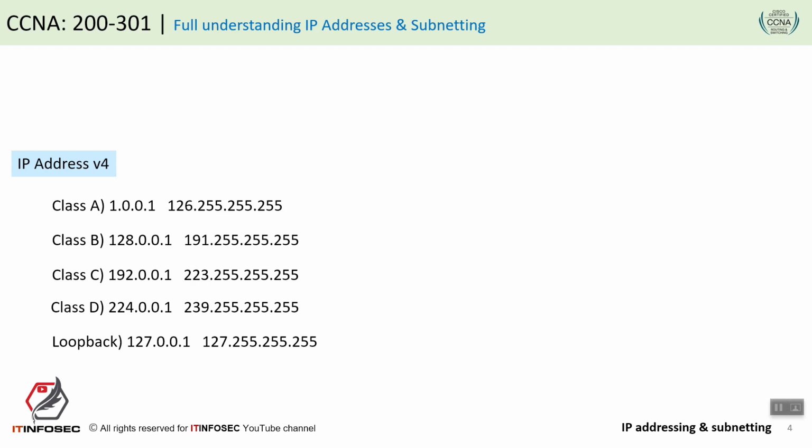Another address range, which is inside class A but separated from classes A, B, C, D, is called the loopback address, 127.0.0.1 until 127.255.255.255. The loopback address is not assignable to a computer's NIC, or network interface card.